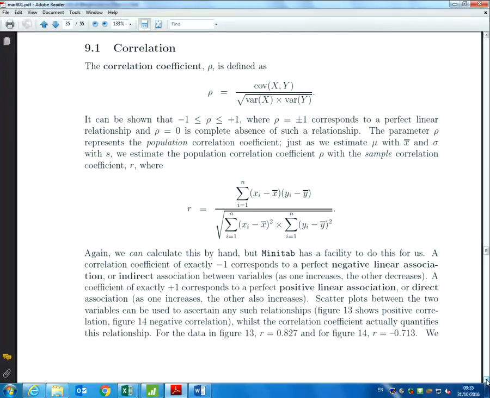Mu. Okay, so that's the population mean. What about a sample mean? What symbol do we use for a sample mean? X bar. Okay, X with a line above it. Okay, so would you all agree that we estimate mu by X bar?